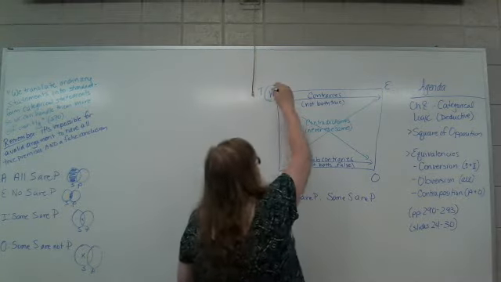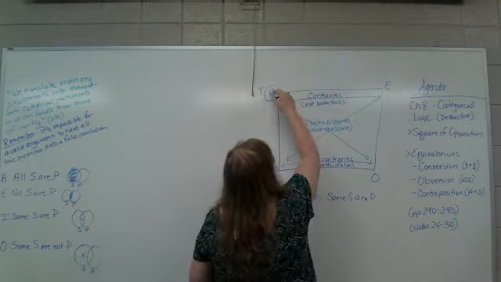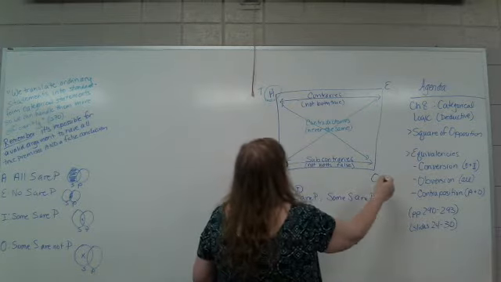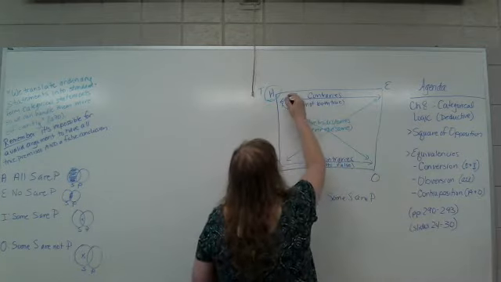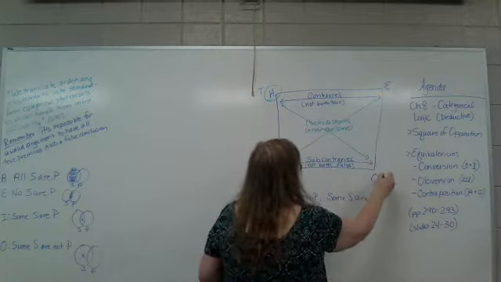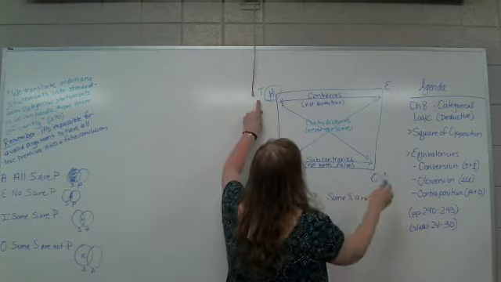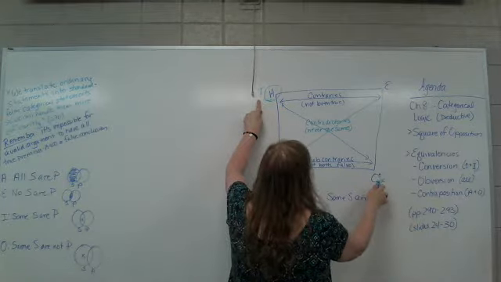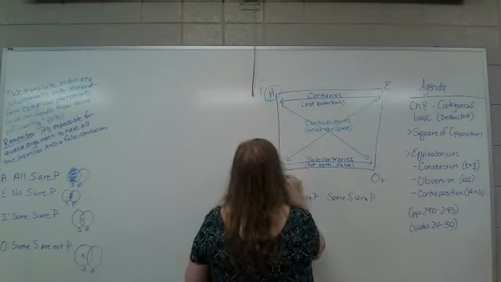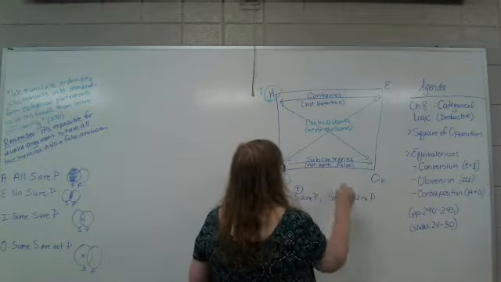So I can either go A to O, and if I go from A to O, this one is false, because they're contradictories. Now, because this one is false, I can go over here to I and say it's true because they can't both be false.